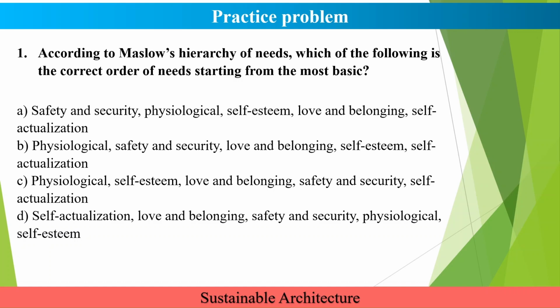So this hierarchy emphasizes that the fulfillment of the lower level needs is a prerequisite for addressing the higher level needs. So as per that, option B will be the correct answer for this question.